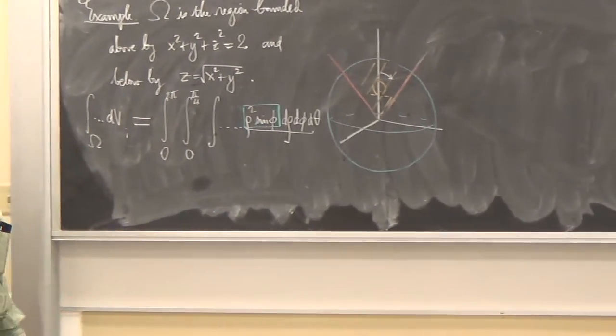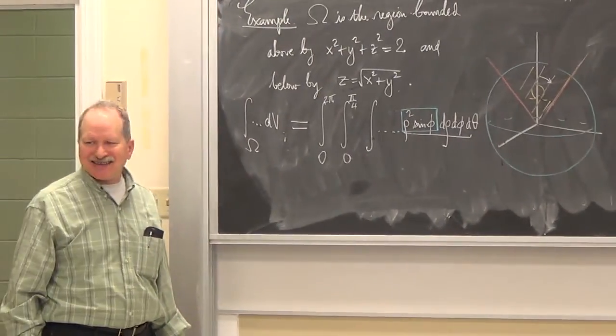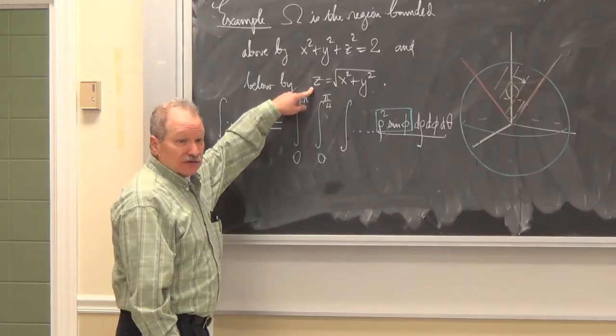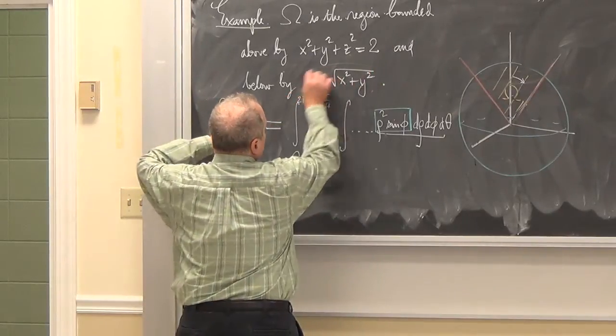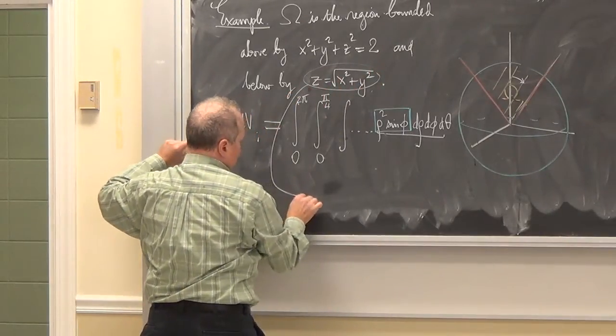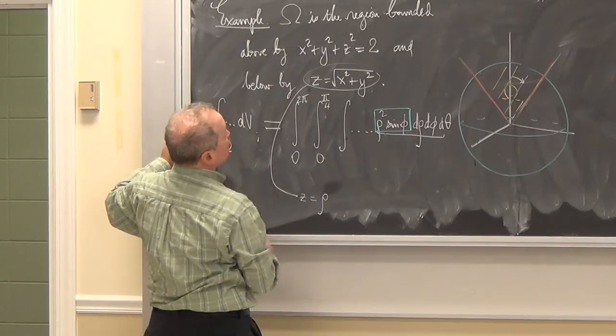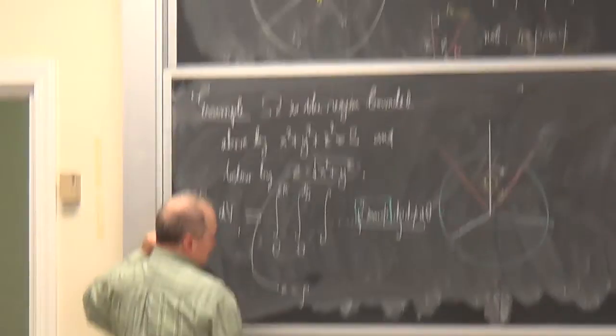If you are not confident in your abilities, you can write this down in spherical coordinates. z equals square root of x squared plus y squared. What's z? Just rho cosine phi.